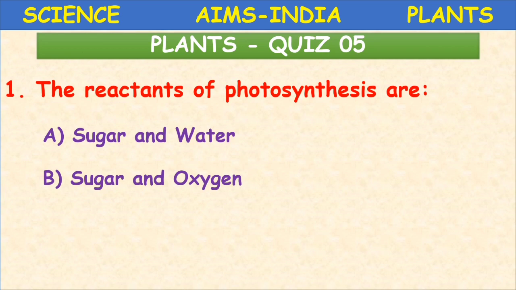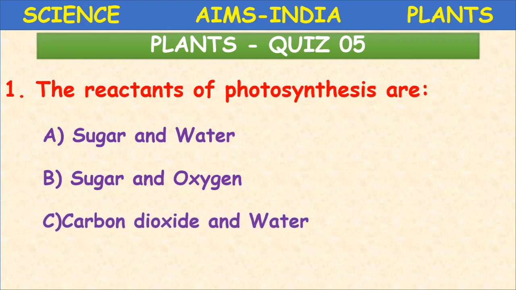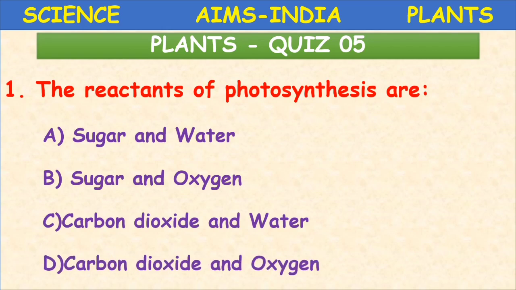The reactants of photosynthesis are, in the sense, what is necessary for photosynthesis? A is sugar and water, B is sugar and oxygen, C is carbon dioxide and water, D is carbon dioxide and oxygen. Reactants are those which are necessary for that particular action. So what are they for photosynthesis, children?